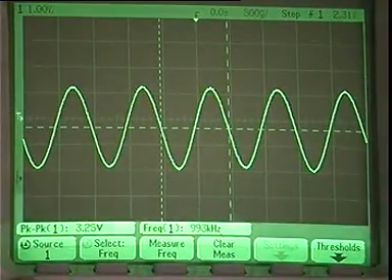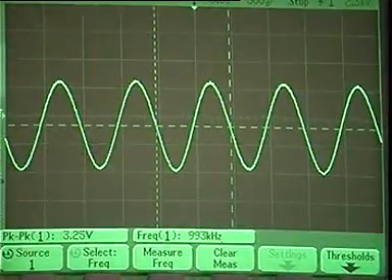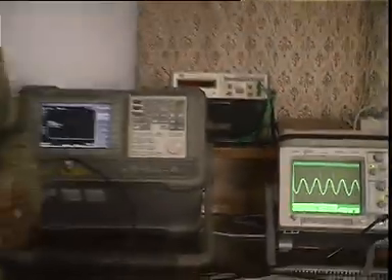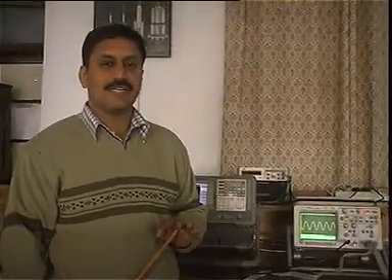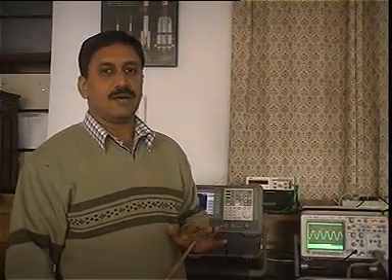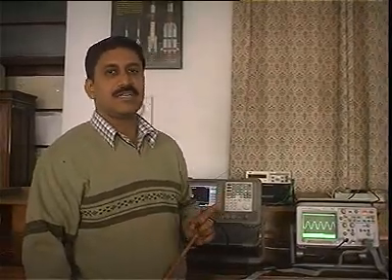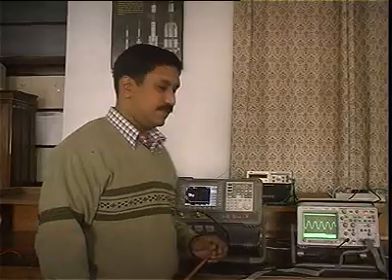Sine 3 is also about 1 megahertz. Okay, so I have three carriers here, sine 1, sine 2 and sine 3. Now using these three carriers, I will transmit information by ASK or FSK or by PSK. For amplitude shift keying, I just need one carrier. So let us use 2 megahertz carrier and try to send this information.